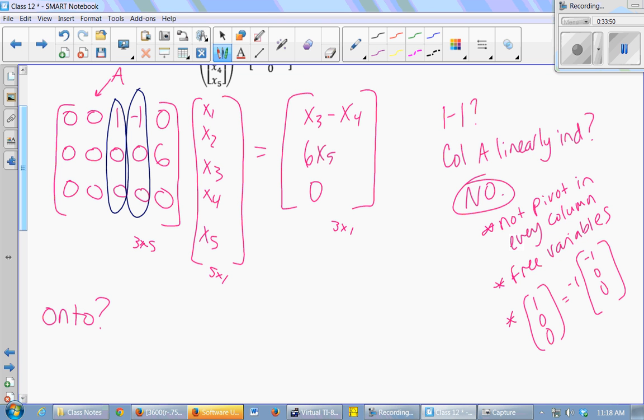No. What kinds of vectors get left out? Anything that has a number in the third entry. Yeah. So I don't even really have to think about A in this question. I just have to think about what onto means. So my codomain is R3, but I can't produce every vector in R3 because I only produce vectors in R3 that have zeros in the third entry.